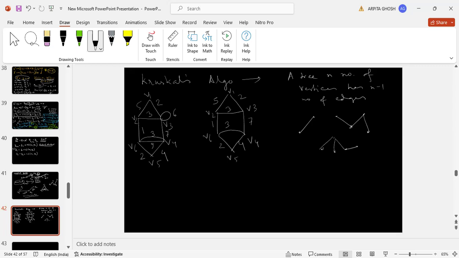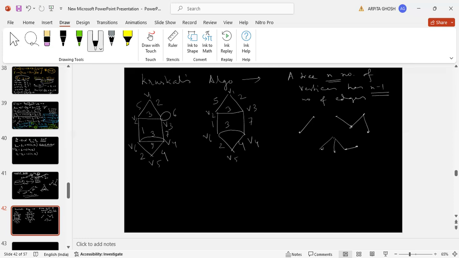This one or this one, etc. So 5 vertices, edges 1, 2, 3, 4. 4 edges. So always a tree with n number of vertices has n minus 1 number of edges. Remember that? A tree with n number of vertices always has n minus 1 number of edges.